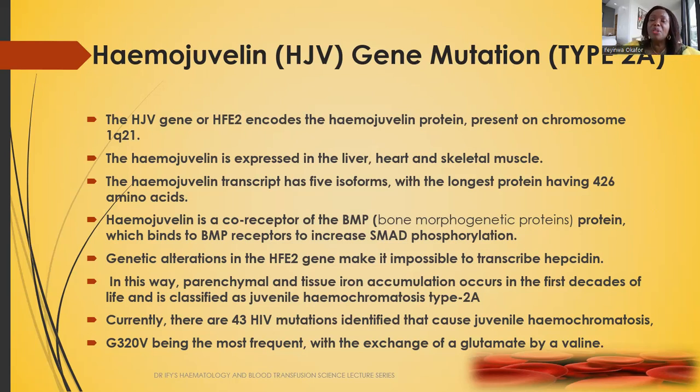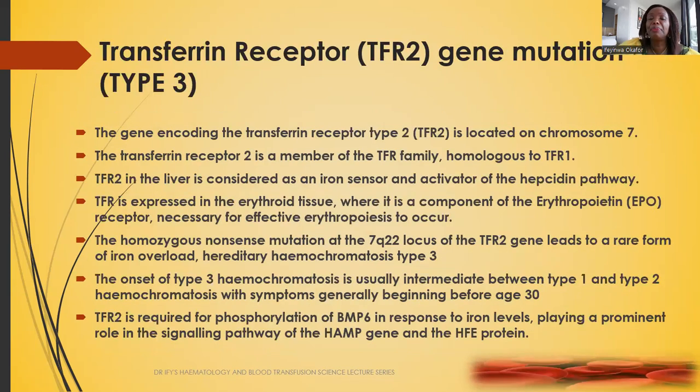Remember, the onset of hemochromatosis due to mutation in the hemojuvelin gene, which causes the type 2A form of juvenile hemochromatosis, is in childhood. It starts at childhood level, and therefore it is the same as mutation in the hepcidin antimicrobial peptide gene that causes type 2B juvenile hemochromatosis.